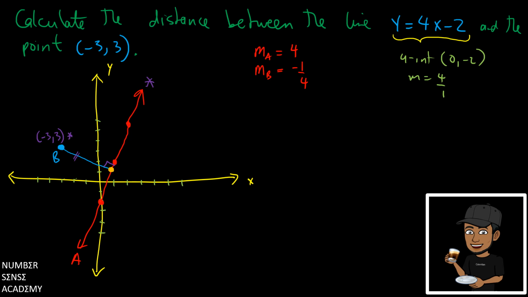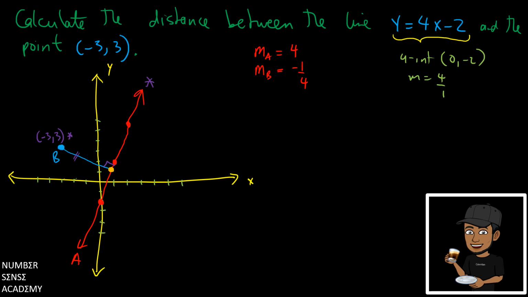So now we could use this information to figure out what the equation is. Then we can find their point of intersection. Once we find their point of intersection, then I could use those 2 points and I could find the distance or the length of the line.